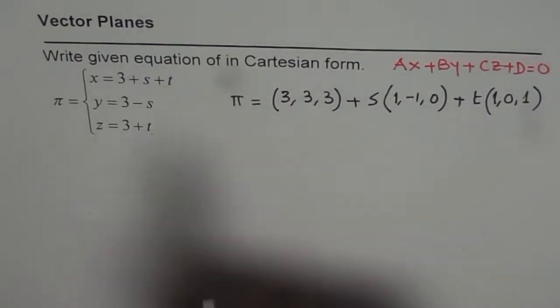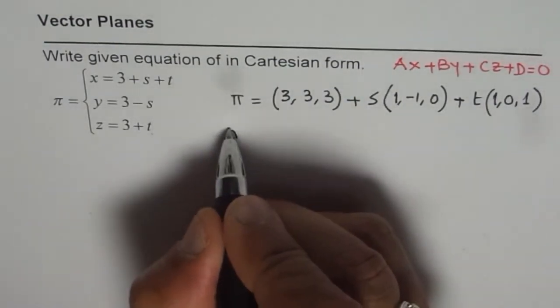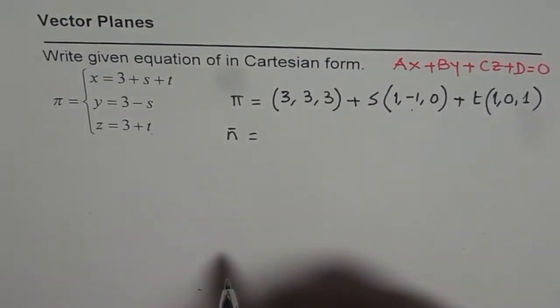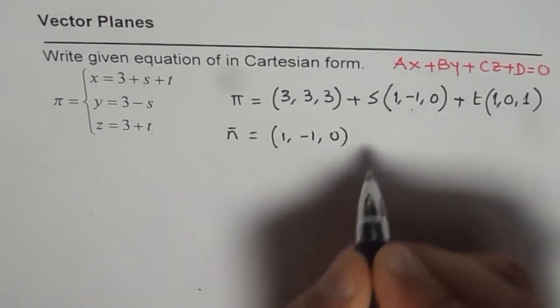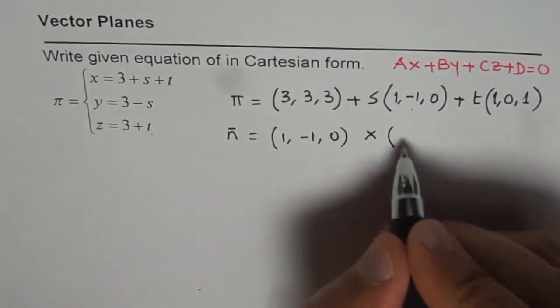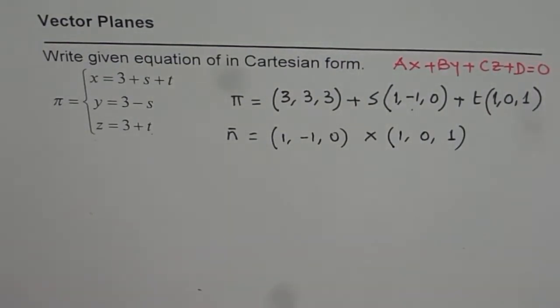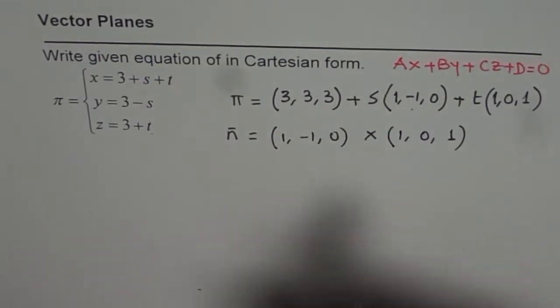Now a, b, c are part of the normal vector, right? So we can get the normal vector by cross multiplying these two direction numbers: 1, minus 1, 0 cross product with 1, 0, 1. That will give us the normal, or the values of a, b, and c. So let's do this.